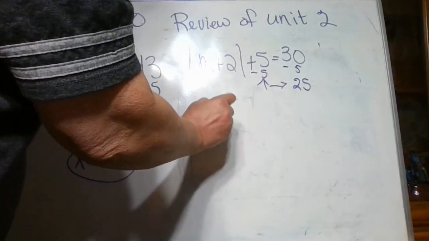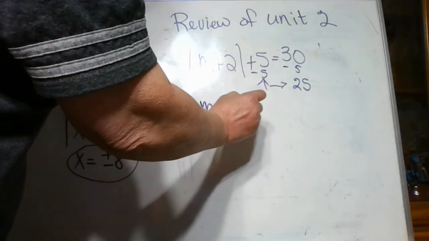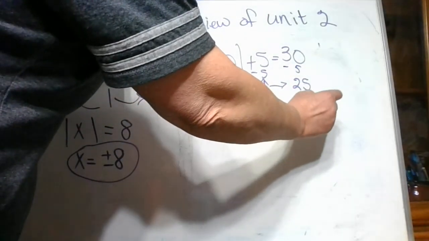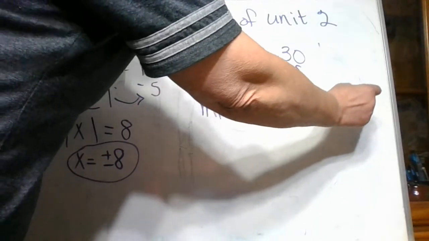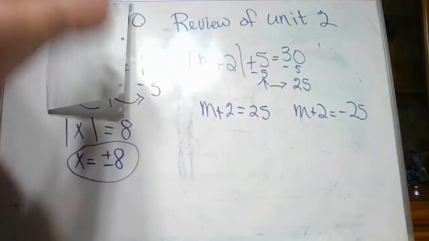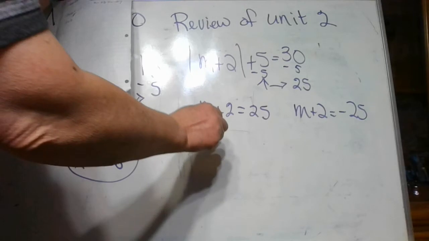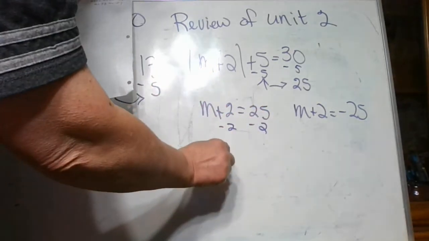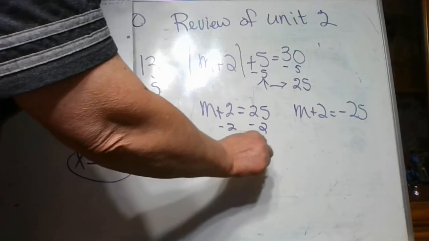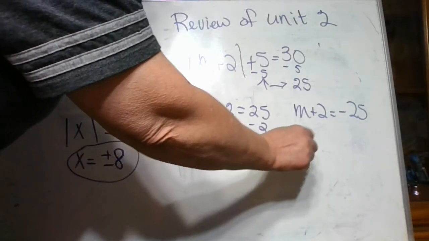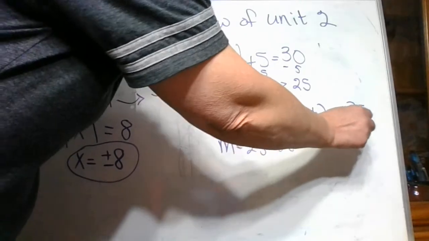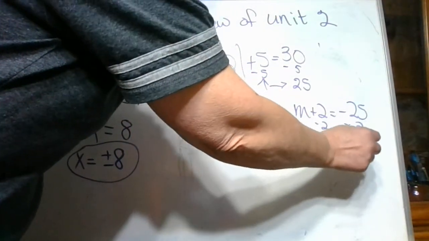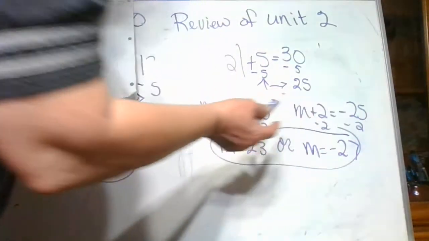So case 1 would be m plus 2 is equal to 25. Case 2 would be m plus 2 is equal to negative 25. Solving, I will subtract 2 from both sides, and m is equal to 23, or over here when I subtract 2 from both sides, m will equal negative 27. So that's your two answers for that.